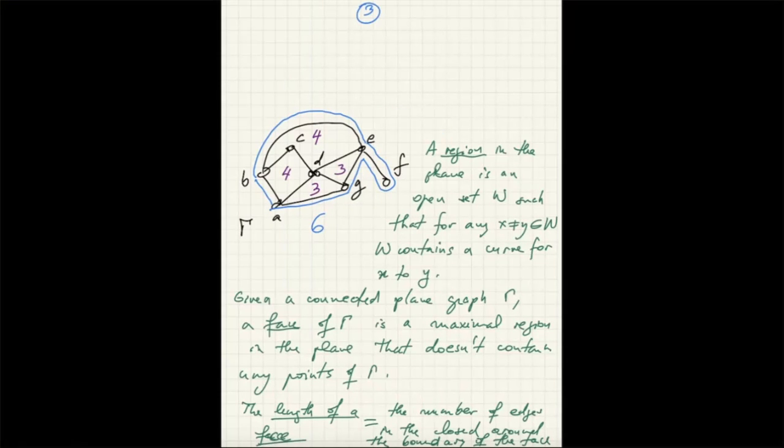So let's say we have the same graph, with vertices A, B, C, E, F, and G. We can define the dual of a graph where for each face we create a vertex.